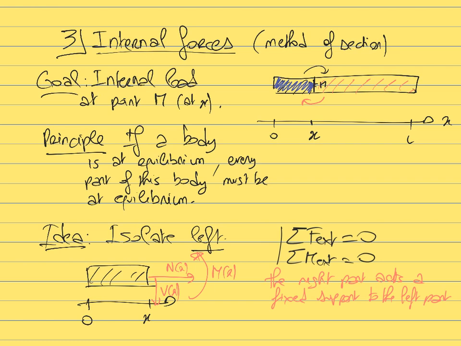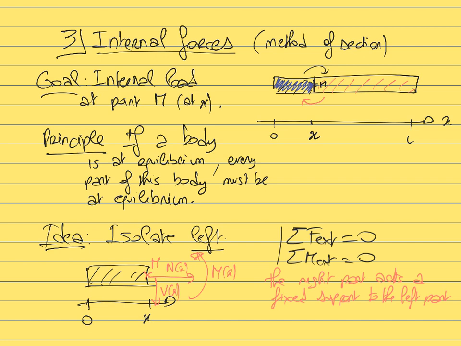So that's going to be the main idea of the method of sections that we are going to see: if you want to calculate the internal load at a given point, you need to break virtually this material at the point M at which you want to calculate the load.